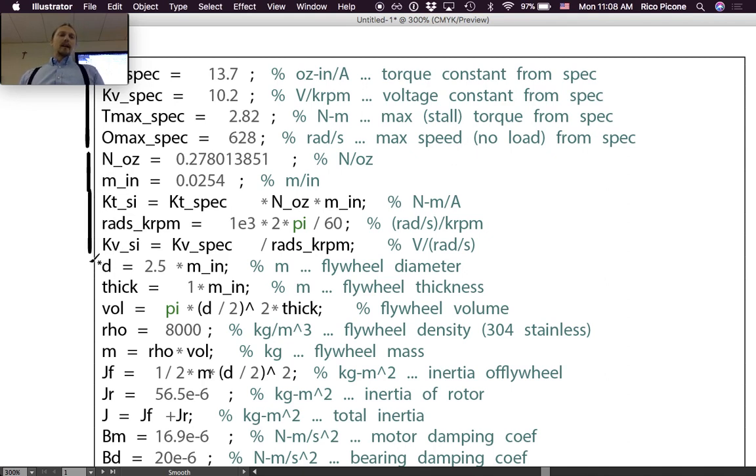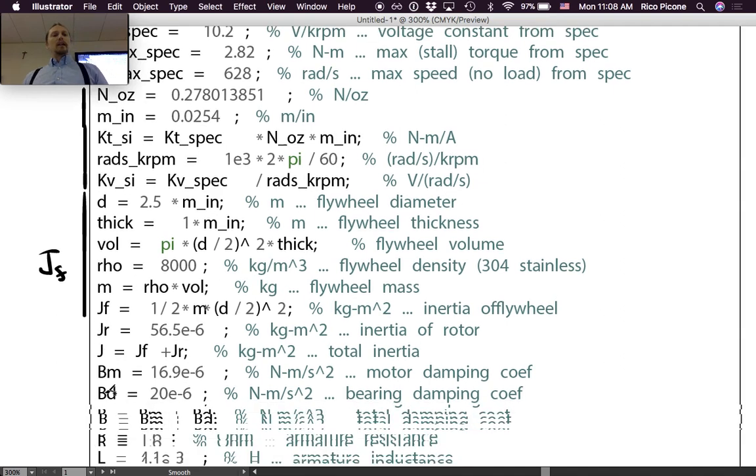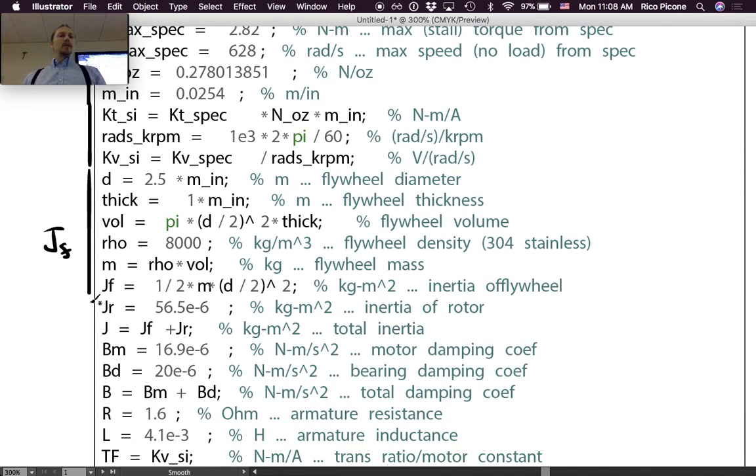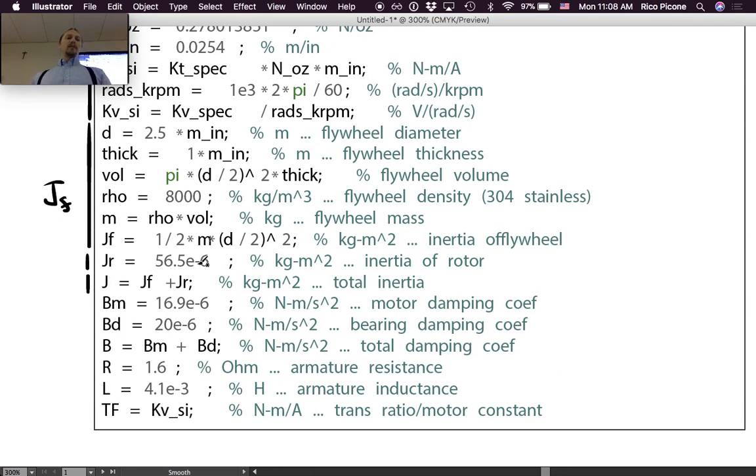Then we're going to estimate the flywheel J. That's all that, JF. And the rotor J is given in the spec sheet. Calculate the total J there. This is all calculating B, the damping.